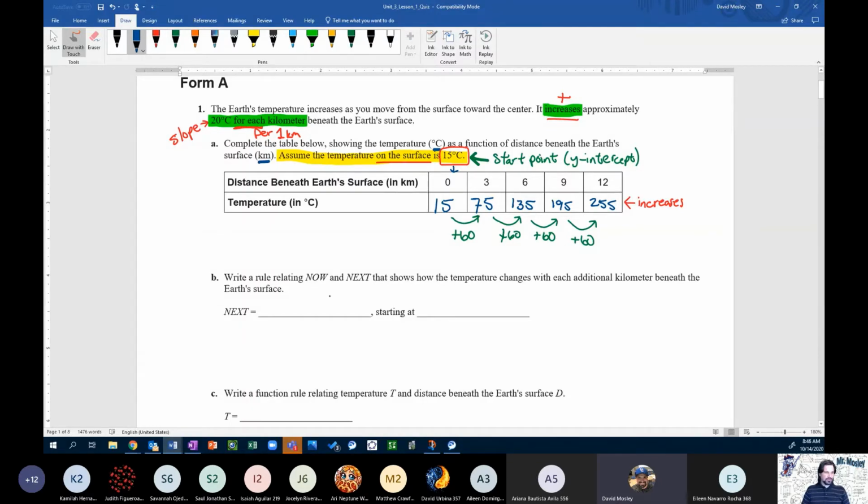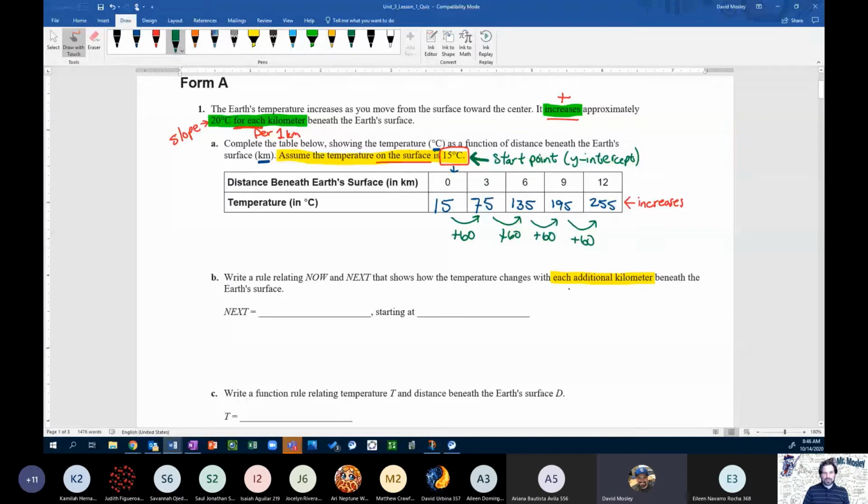Now we're going to write a rule relating now and next that shows how the temperature changes with each additional kilometer beneath the Earth's surface. So again, I'm going to point out we're doing each additional kilometer here. Our table is doing an increase of 3 kilometers.